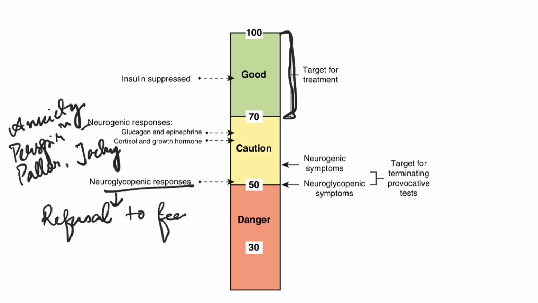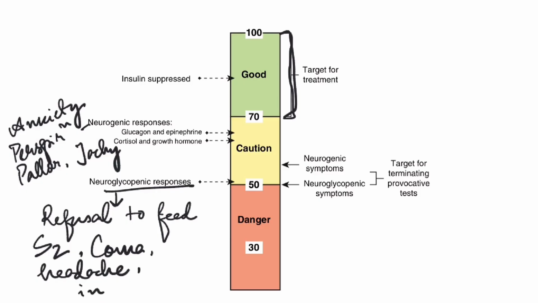So below 50 is the danger zone. We have to avoid going below 50, and if it goes below 50, it is the target to terminate any provocative tests that we are doing.